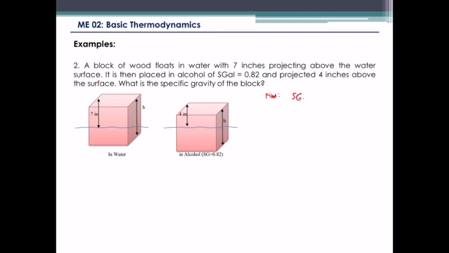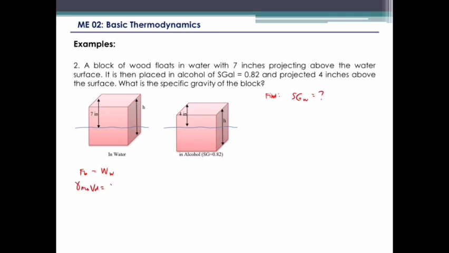SG of the block of wood. Now, in water, since it floats, the buoyant force is equal to the weight of the wood. That is because it floats. Gamma of water times Vd.